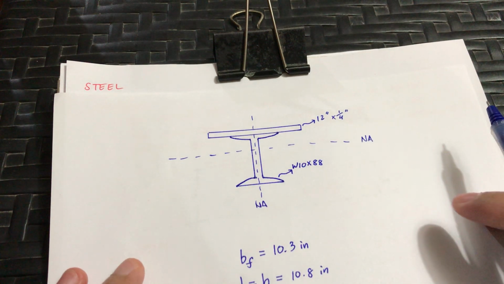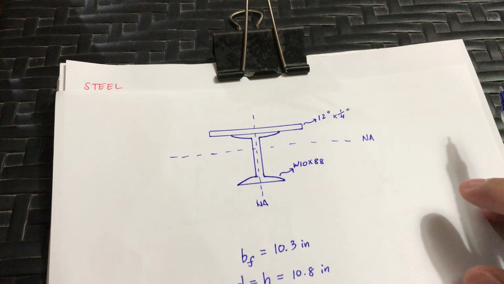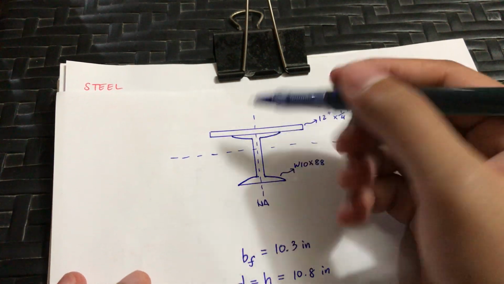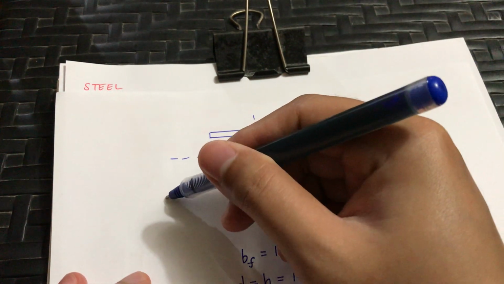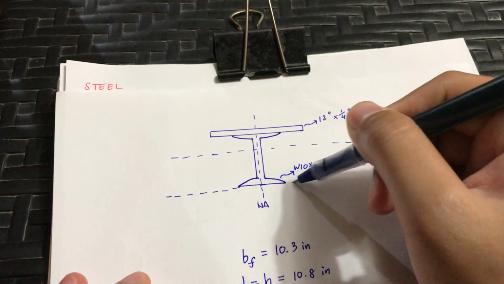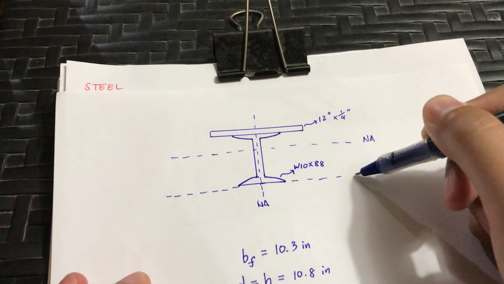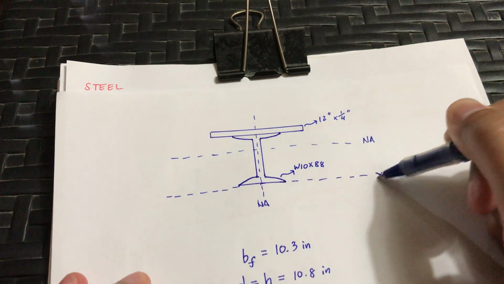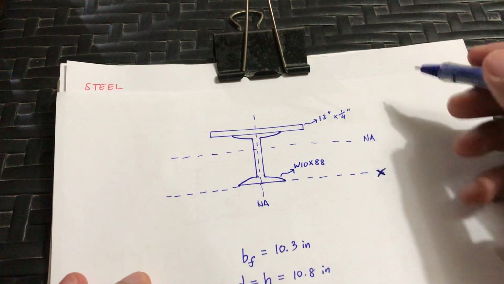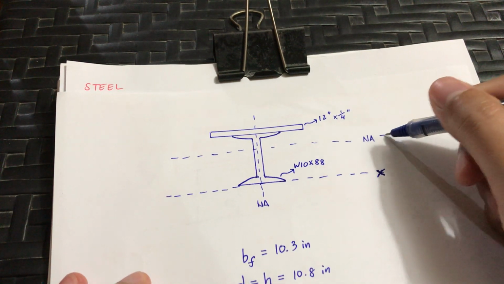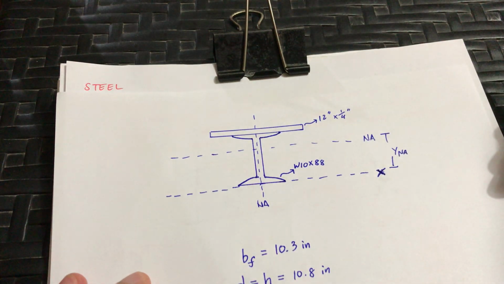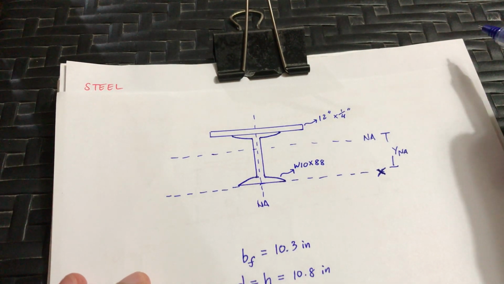Okay, now, to solve the location of the neutral axis along the vertical, we can try and solve it by setting the bottom part of the wide flange as a reference x-axis. Okay? Wherein the distance between the x-axis and the neutral axis would now be the ȳ.